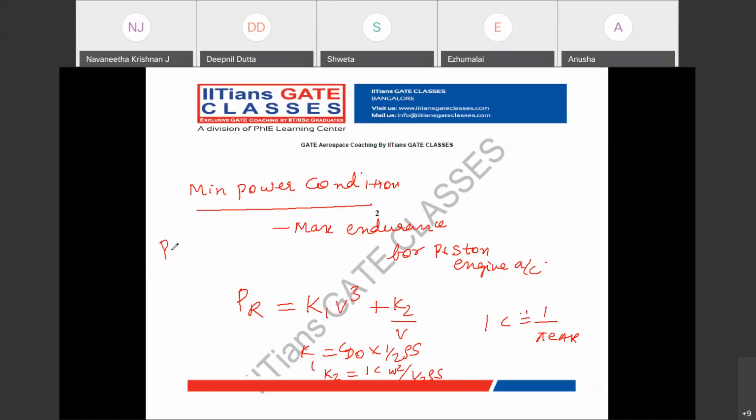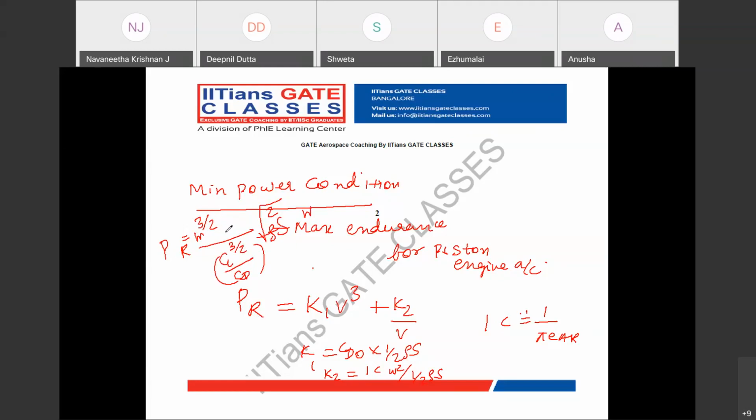So power required is W power 3 by 2 divided by CL power 3 by 2 by CD, into root of 2 divided by rho S. So power required depends upon weight.